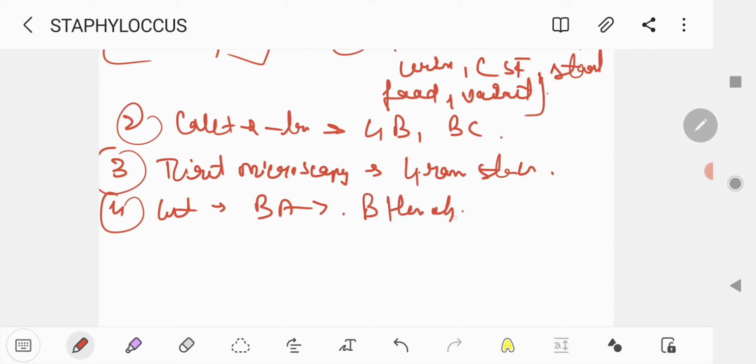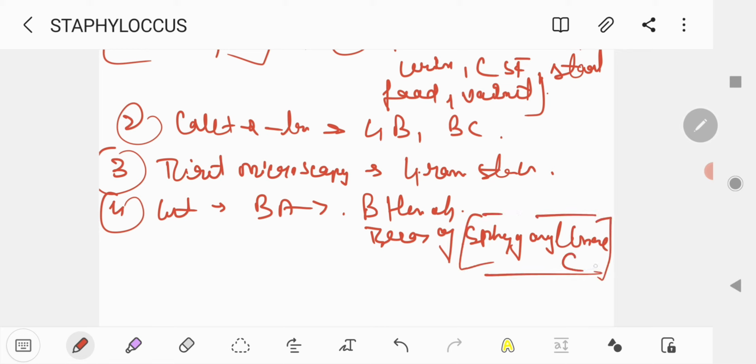Why does it show beta hemolysis? Because it produces sphingomyelinase C. That's why it shows beta hemolysis. And in peptone water, it forms uniform turbidity.